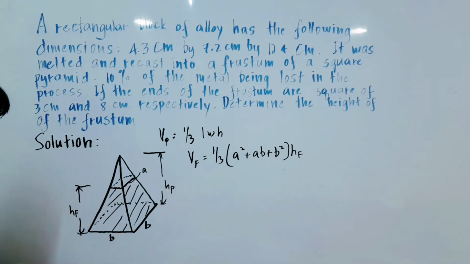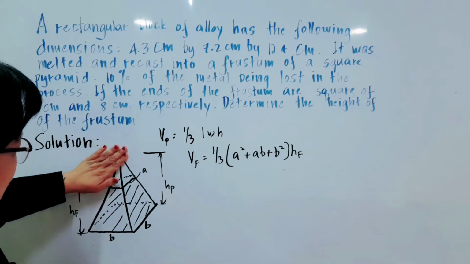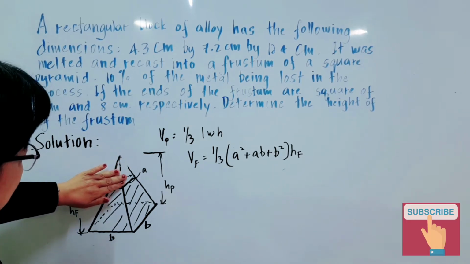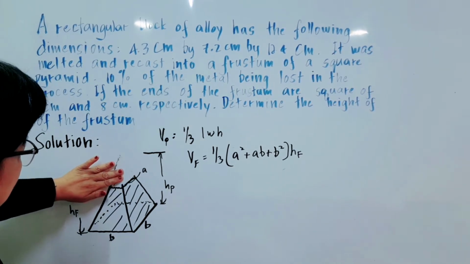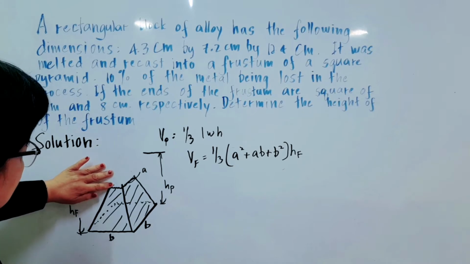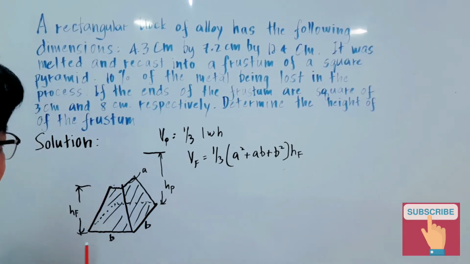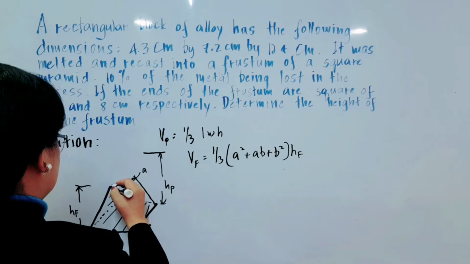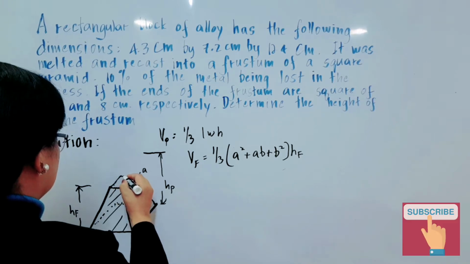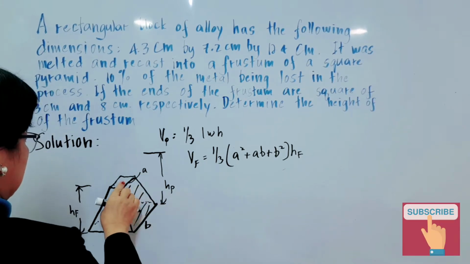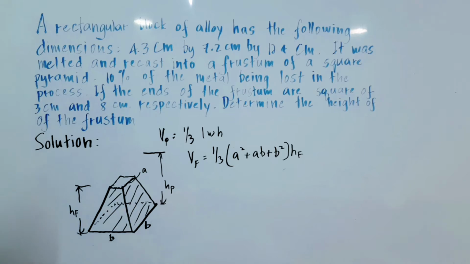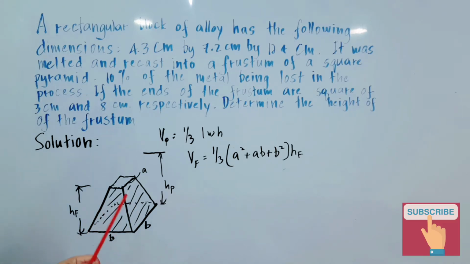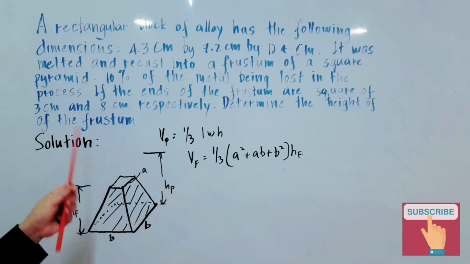So we can erase the upper part, because we need only the frustum of a square pyramid. This is the one now. What we're looking for is the height of the frustum.